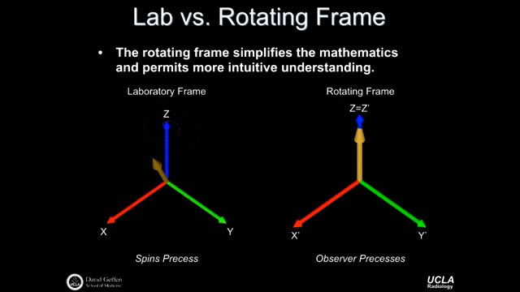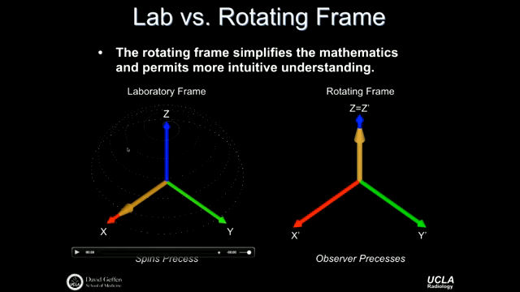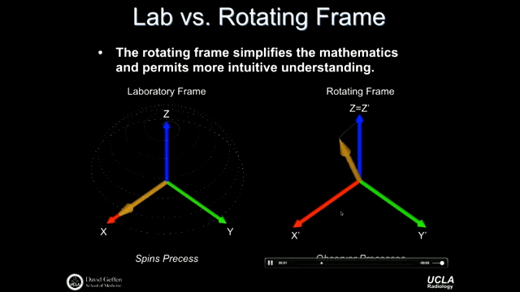The bottom line is that working in the so-called rotating frame simplifies the mathematics and permits a more intuitive understanding of what's going on. So on the left-hand side, this is what's happening, right? If we were to stand by the scanner and observe our bulk magnetization, it would be doing things like this. But mathematically, we only want to think about what effect it has on putting magnetization into the transverse plane.